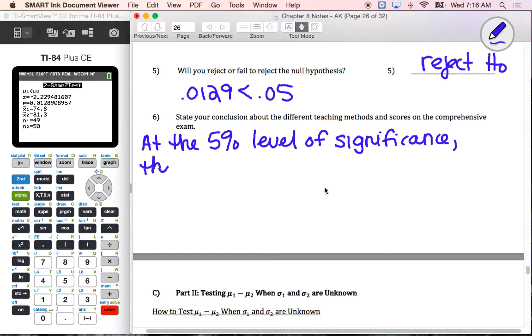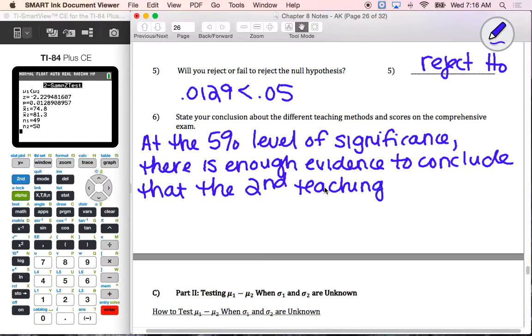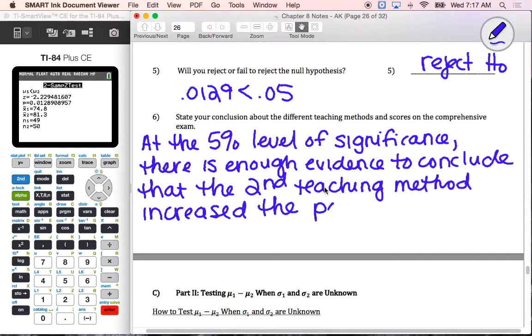So we say there is enough evidence to conclude, and then finish it, to conclude that the second teaching method increased the population mean score on the exam.